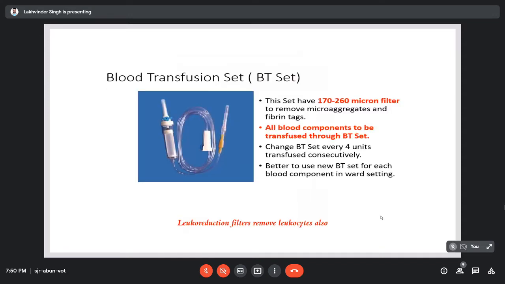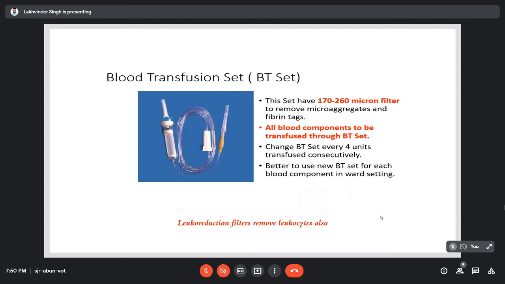So, after warming the blood, you require a BT set, blood transfusion set. First thing, very important: the infusion sets which are used for the transfusion of normal saline or any other fluid should not be used as the BT set, because the blood components, maybe platelets or FFP, may have small clots, microaggregates, or some clumps.